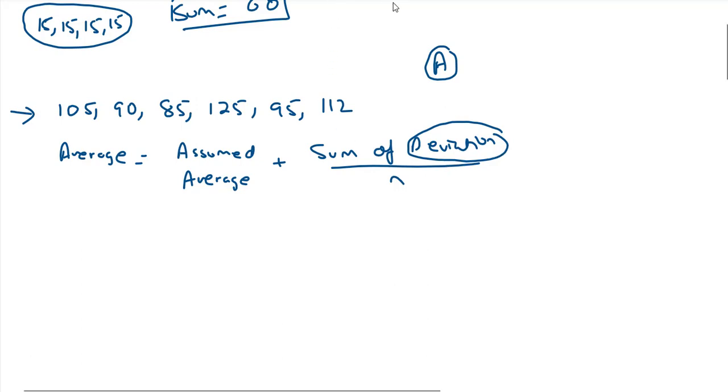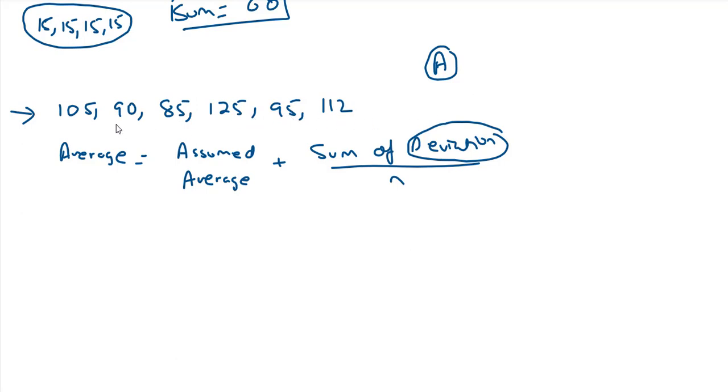So let us now assume one average. Now while assuming the average, one point to be taken care of is that the value that you are assuming should be very close to the actual average. So how do you get the judgment? You just have to look at the values and get an idea of what the average will be, and then you can easily assume an average.